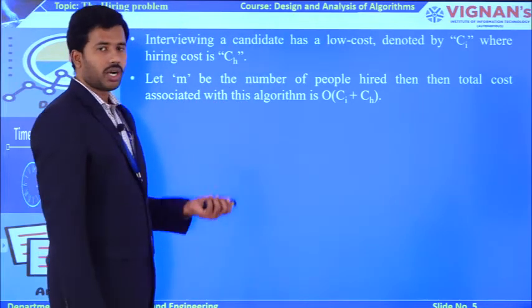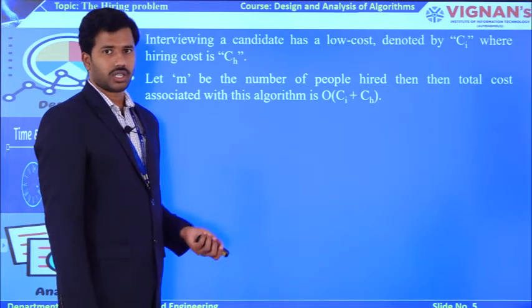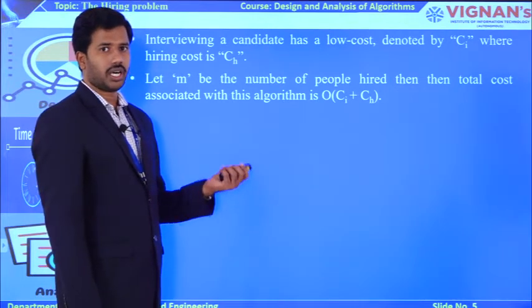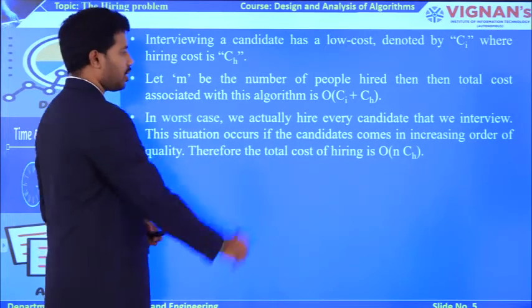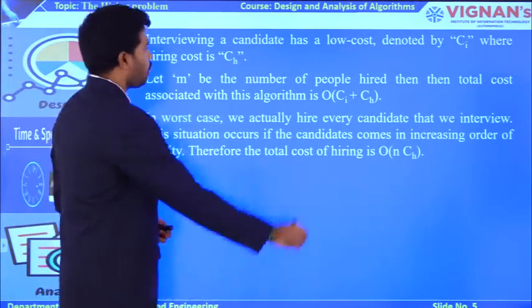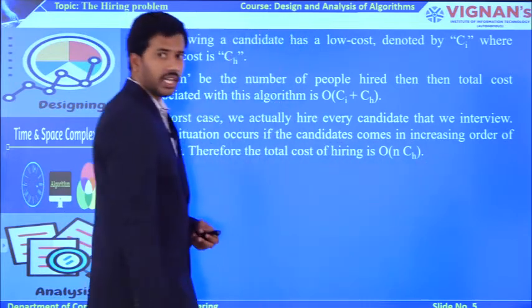Now let's observe the time complexity for the worst case. The worst case occurs if all the candidates come in increasing order.